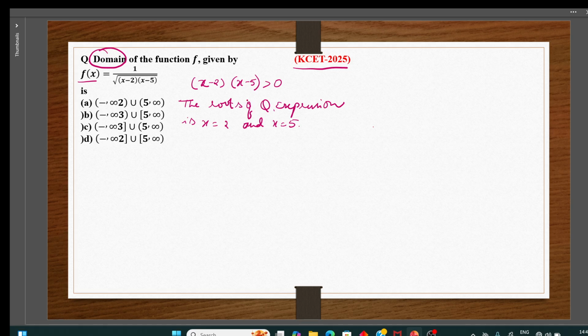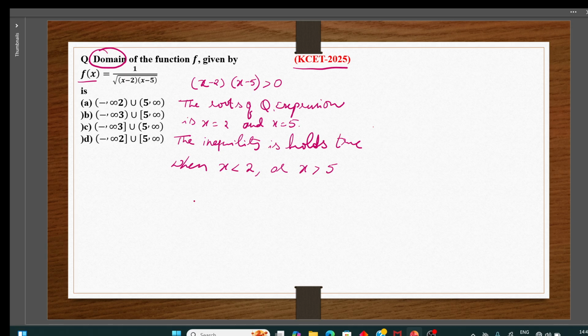The inequality (x minus 2) into (x minus 5) greater than 0 holds true when x is less than 2 or x is greater than 5.